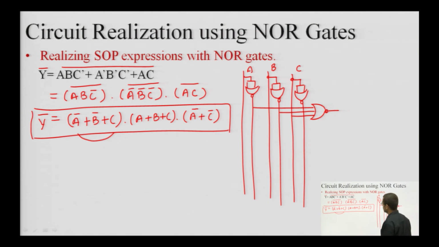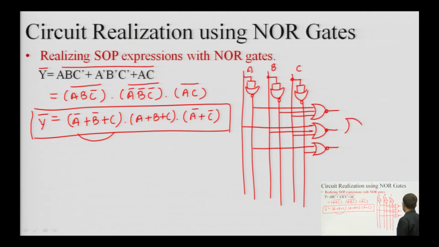Similarly, the second thing is A plus B plus C. A plus B plus C passing through another NOR gate, and the third one is A bar plus C bar. So, this is A bar and this is C bar, and all these will further pass through another NOR gate, but this generates y bar.